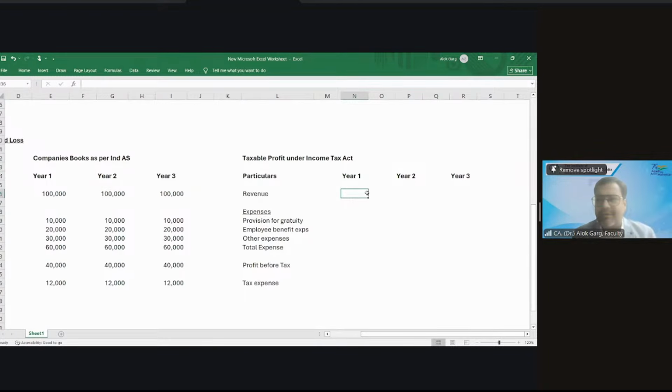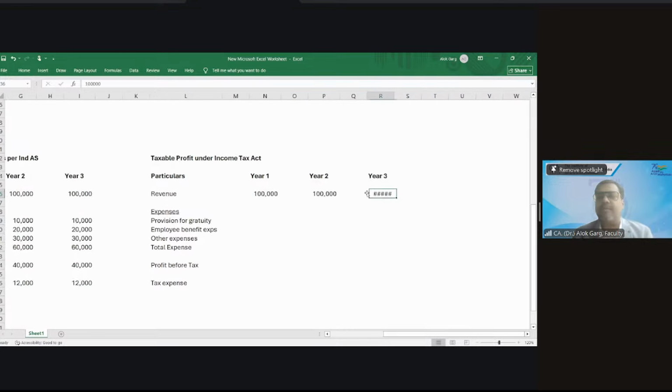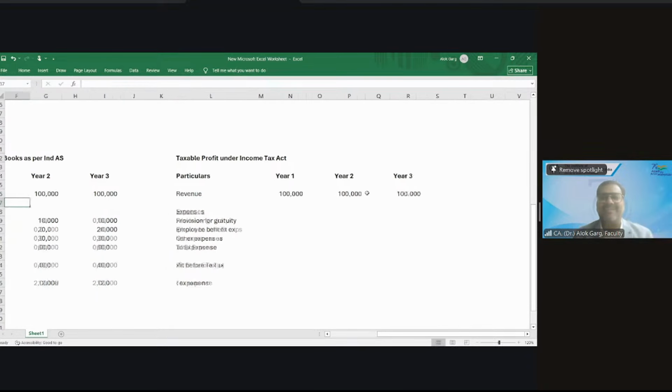Is there any change in revenue in year 1, 2, 3? No, sir. No change. The same revenue will be taxable, whatever is in your company's books. If nothing is given in the question, we are assuming, don't engineer and don't re-engineer. If nothing is given in the question, assume it is my taxable revenue also, right?